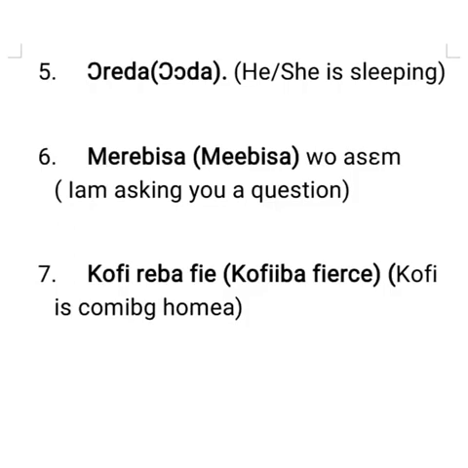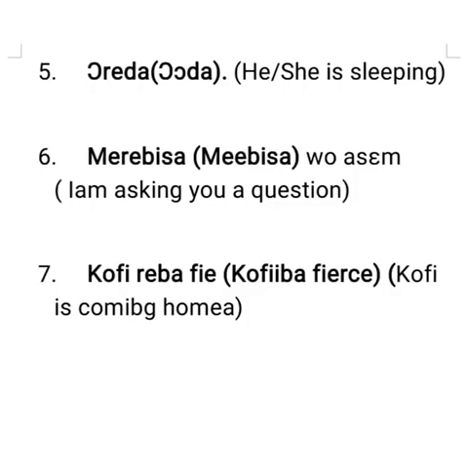Now, example number 6 says Miribisa wo asem. That is how you write it, but when you are pronouncing it, you pronounce it as Mibisa wo asem. I am asking you a question.